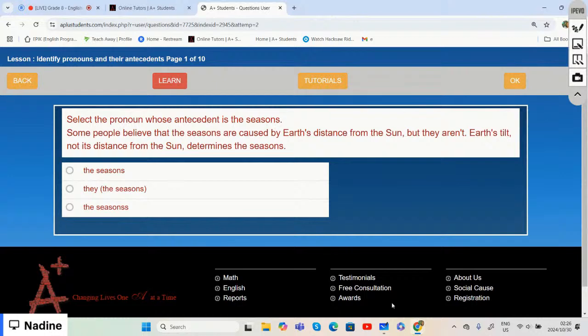If we were to select the pronoun whose antecedent is seasons, do we say it's option one, seasons, option two, they, or option three, the seasons?